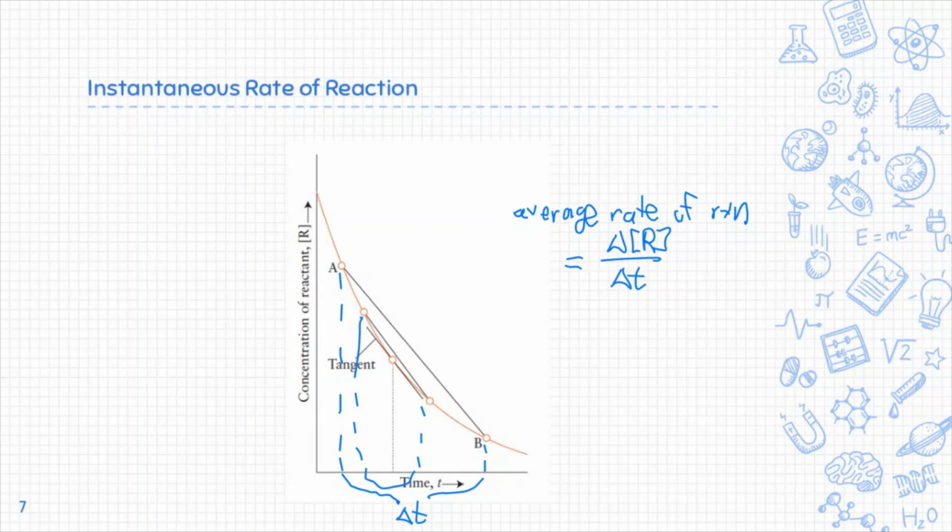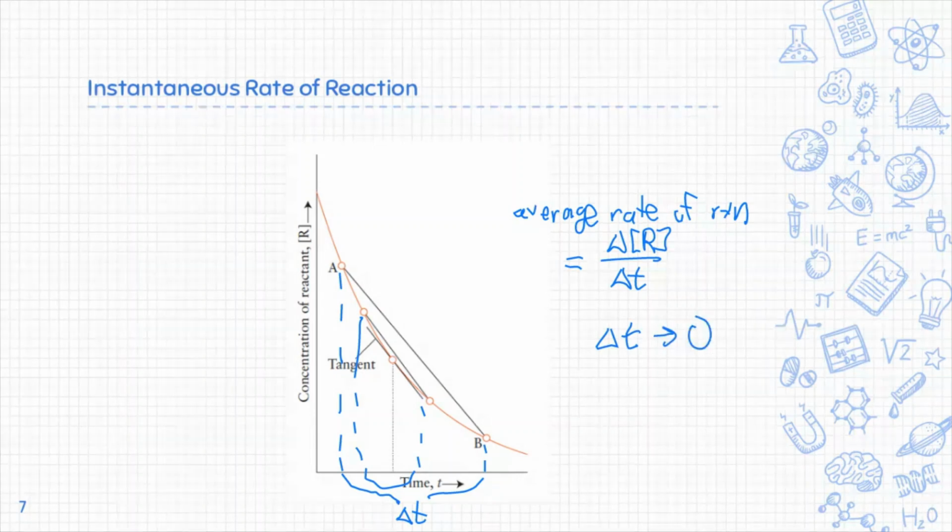This time interval is approaching zero, basically. And that is when we call it the instantaneous rate of reaction. And I think that should cover what you need to know about this for now.